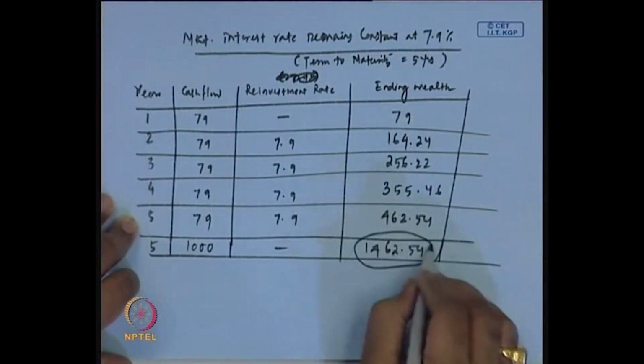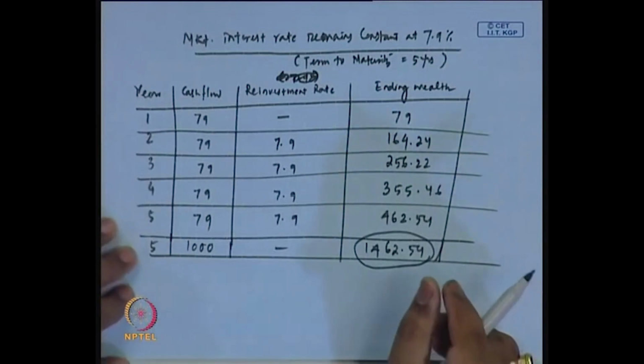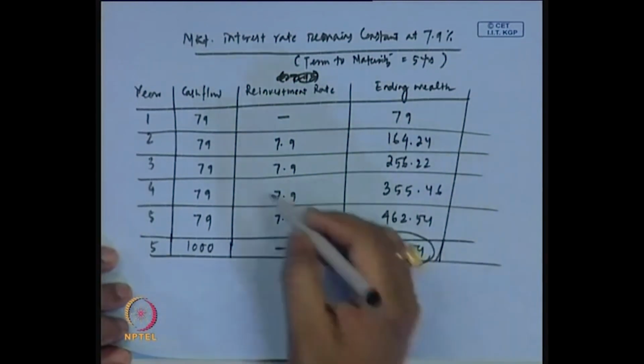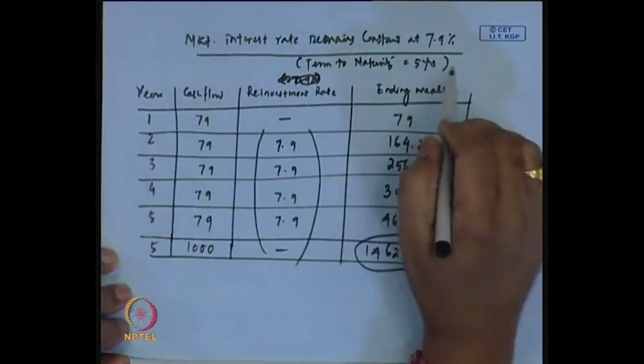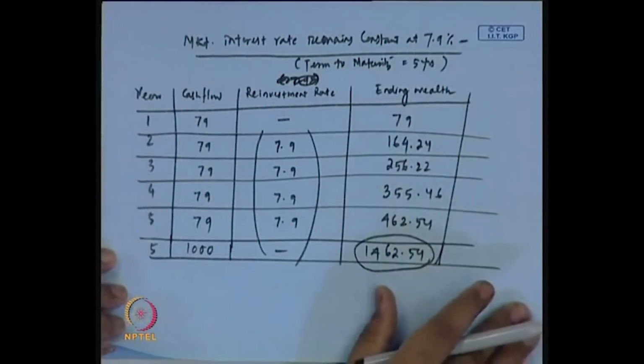So this is the wealth ratio the investor has at the end of the 5 years if the reinvestment rate remains constant, so there is no change in the market interest rate.